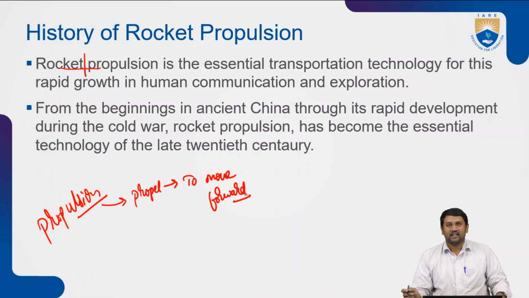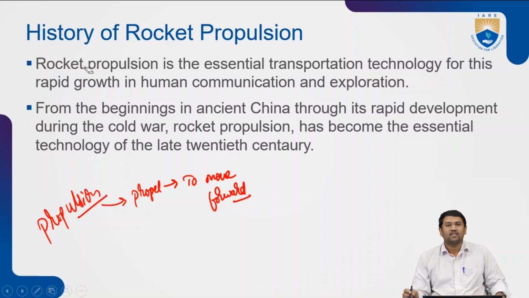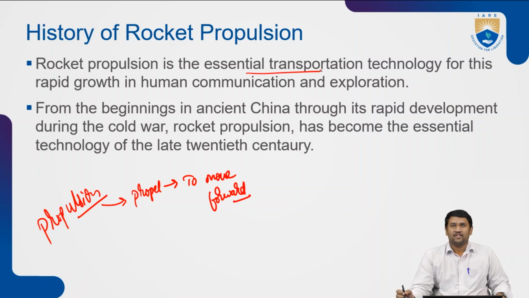Right? The term is derived from a Greek word containing the definition propel, which means to move forward. And when we use it with respect to rocket propulsion, it means moving your rocket forward. Now, basically rocket propulsion is an essential transportation technology for the rapid growth of human communication and exploration.